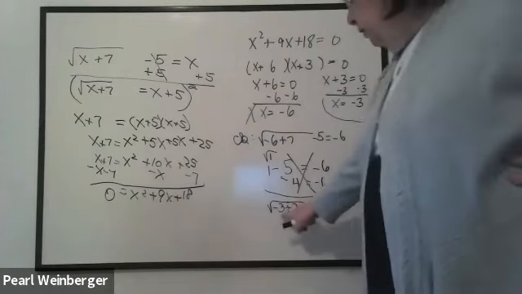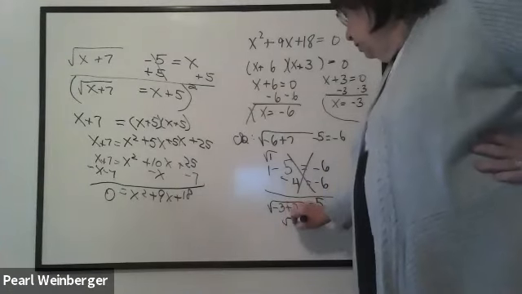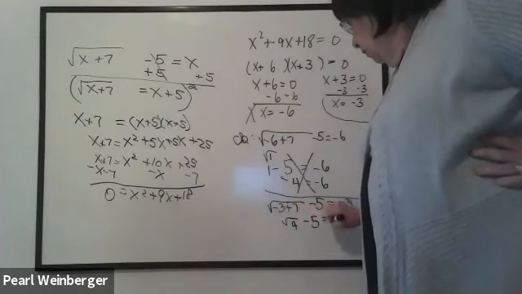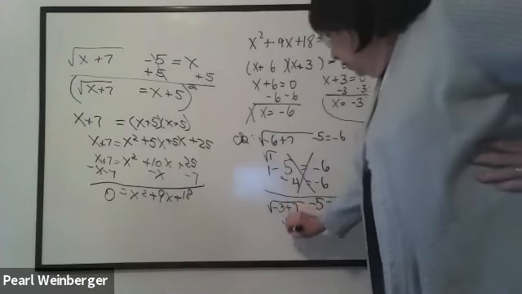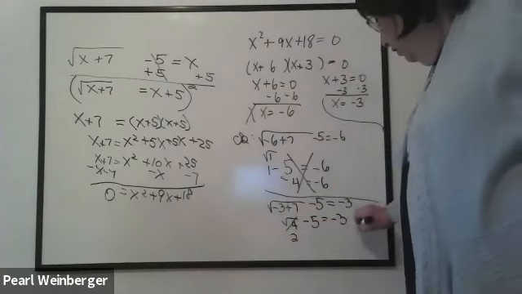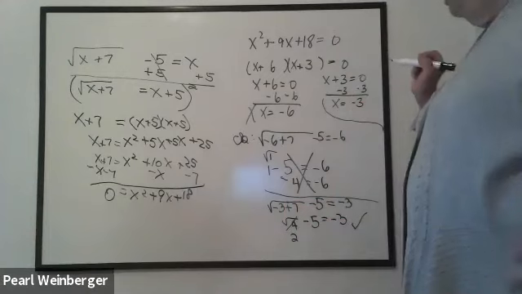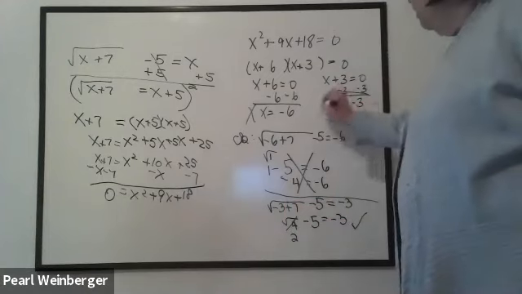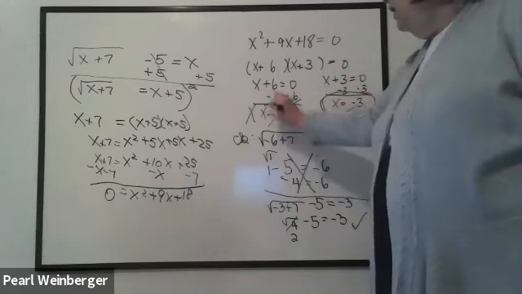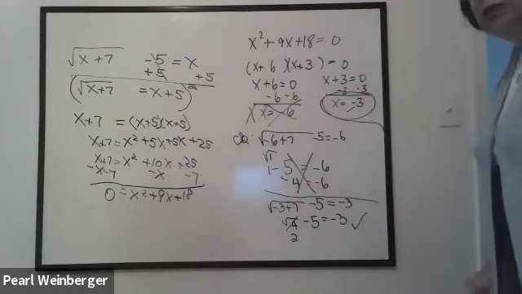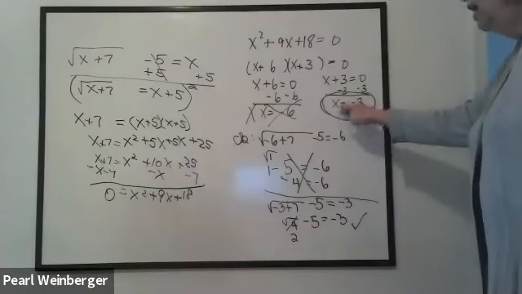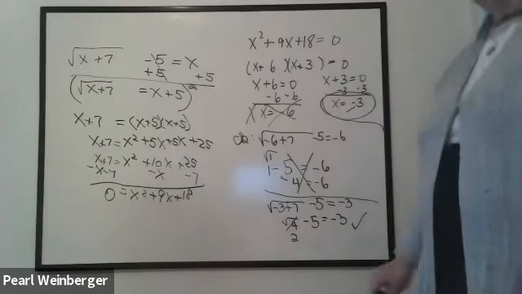Now, negative 3 plus 7 is 4, so this is the square root of 4 minus 5 equals negative 3, and the square root of 4 is 2, and 2 minus 5 is negative 3. This one checks. So in this case, x equals negative 3 is a correct answer. X equals negative 6 is what we call an extraneous root. The only solution to this question is x equals negative 3.